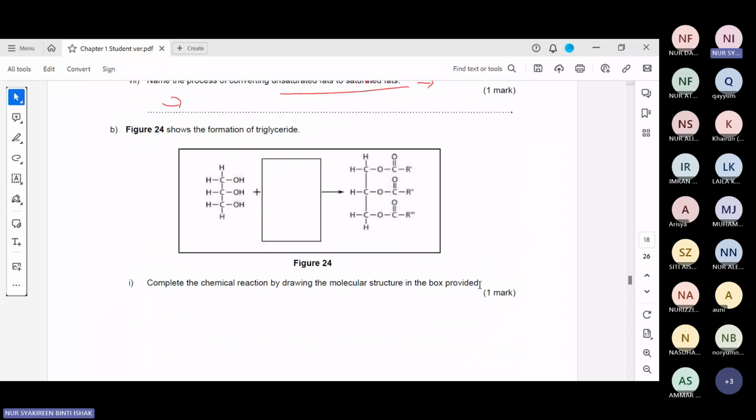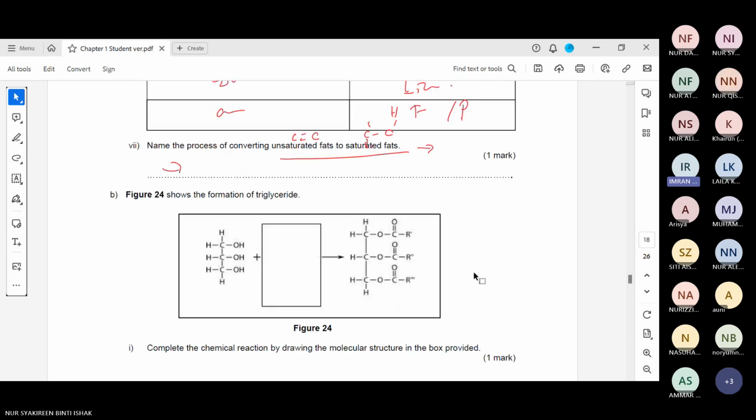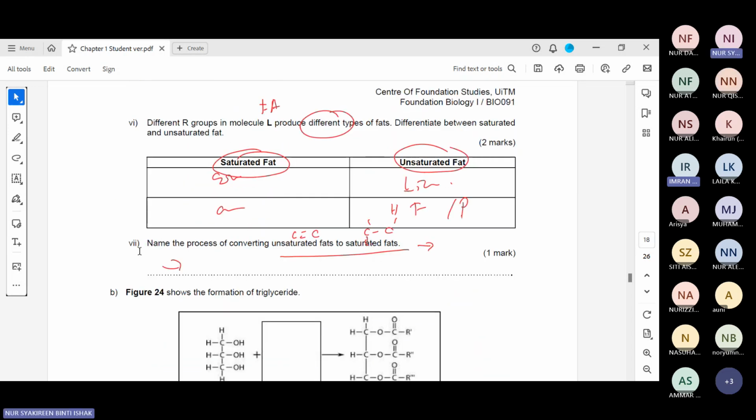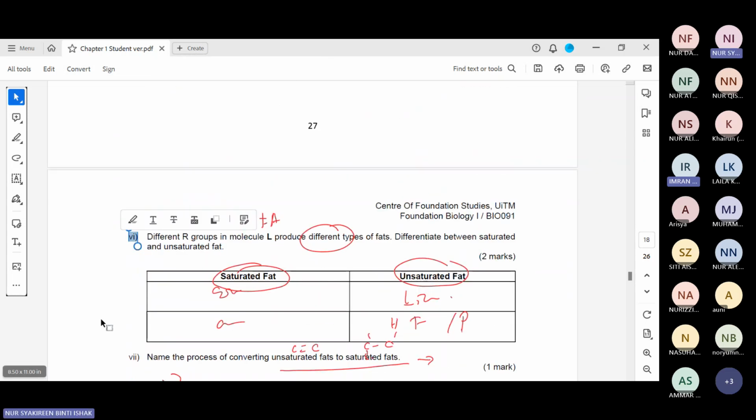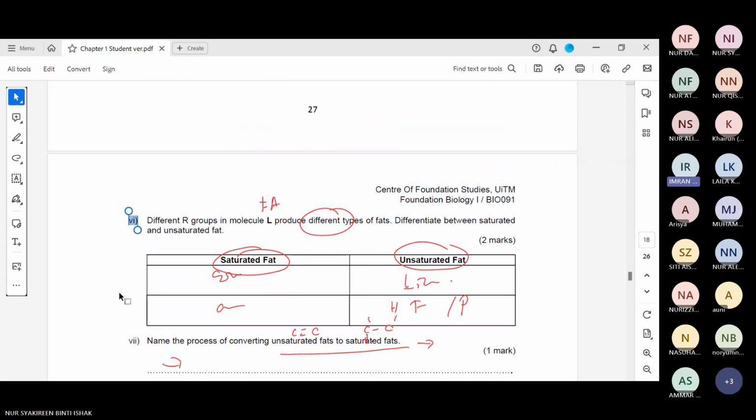Ada soalan? Yang nombor 4 tu apa-apa jawapan general pun boleh. Apa jawapan awak ada apa lagi? Cakap pasal bond dengan number of hydrogen. Okey, yang itu tak boleh diterima sebab number of double bond single.